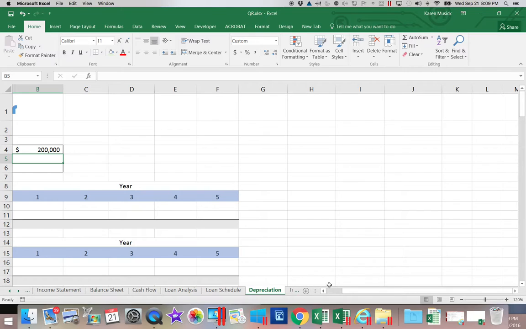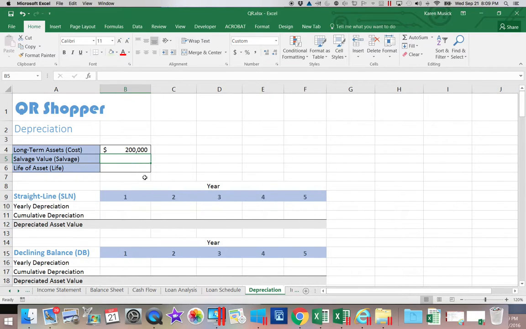The next piece of information we need to have is something called a salvage value. What a salvage value means is if I expect that this piece of equipment or whatever this asset is going to last 10 years, that's how long I'm going to be able to use it for its intended business purpose. Then I need to determine if I can sell it after that 10 years, what is it worth?